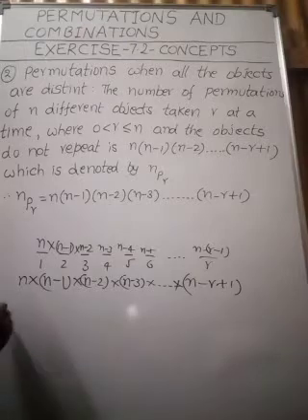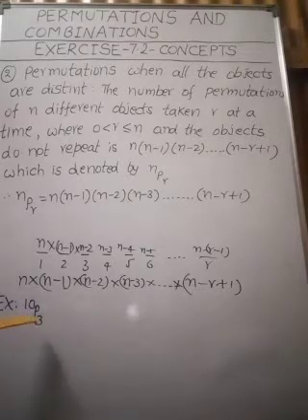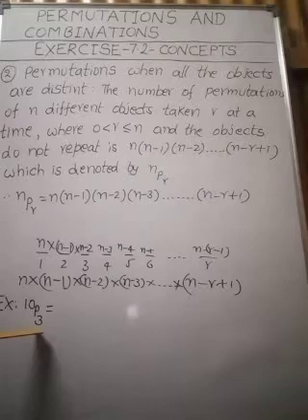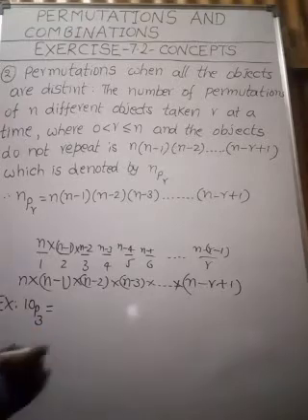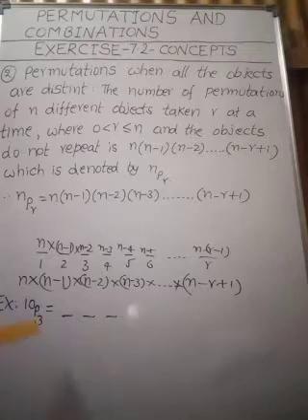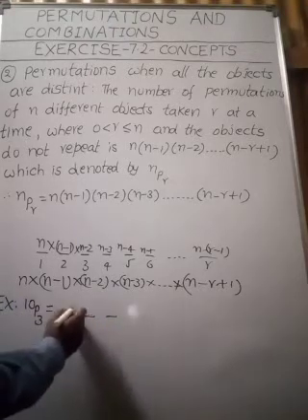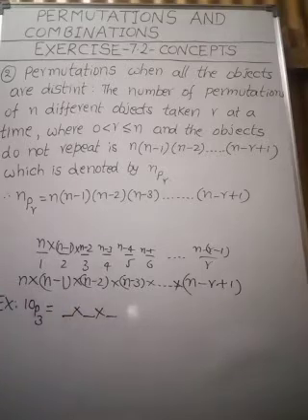For example, 10P3. If you want to find the value of 10P3, okay, my children, what is this number here? The downside number is 3. Take 3 blanks. Okay, my children, take 3 blanks here, and in between keep the multiplication symbol.